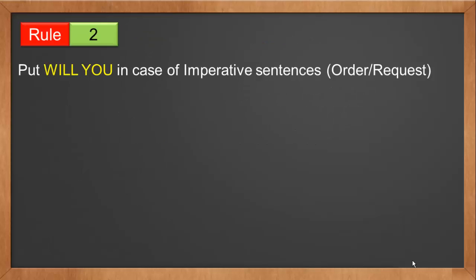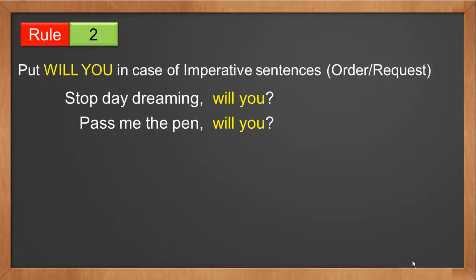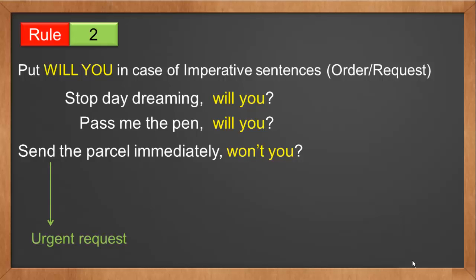Rule number 2. Put will you in case of imperative sentences, meaning order or request sentences. If there is an order or request sentence, use will you. For example, stop daydreaming, will you? Pass me the pen, will you? Send the parcel immediately, won't you? So if there is an urgent request, instead of will you, you can use won't you.